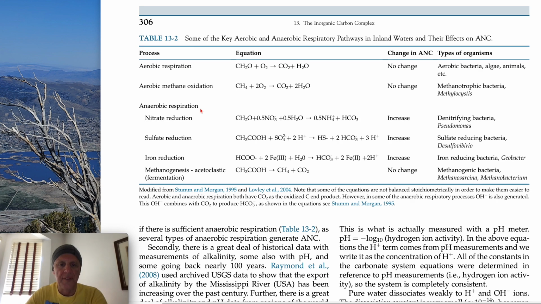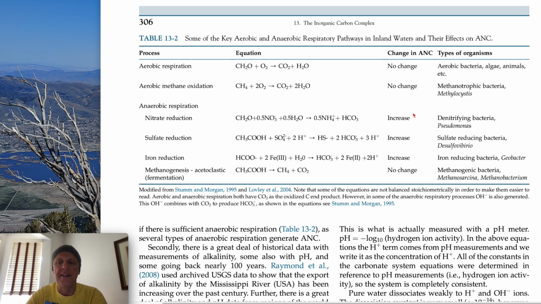Alright, so let's review Table 13-2, some of the key aerobic and anaerobic respiratory pathways in inland waters and their effect on ANC. Aerobic respiration: methanol plus oxygen is equal to carbon dioxide plus water. No change in ANC. Type of organisms: aerobic bacteria, algae, animals. Aerobic methane oxidation: methane plus 2 oxygen is equal to carbon dioxide plus 2 waters.